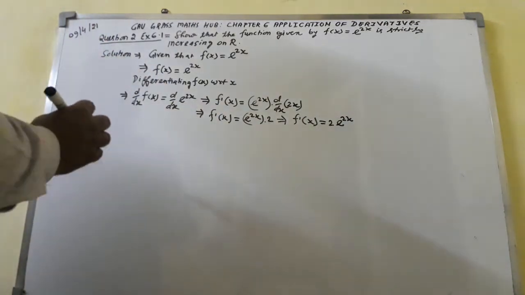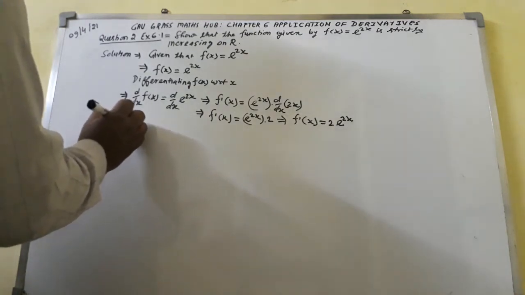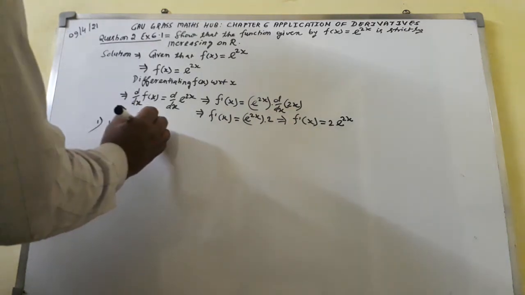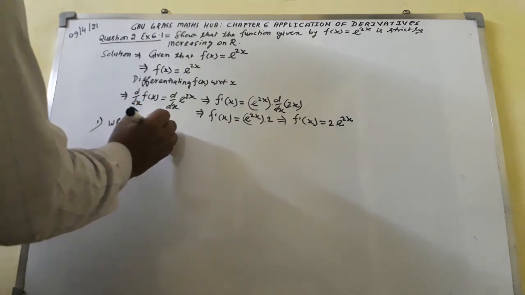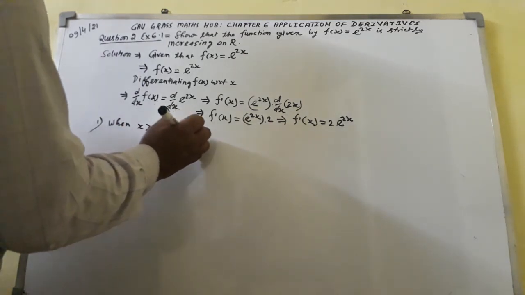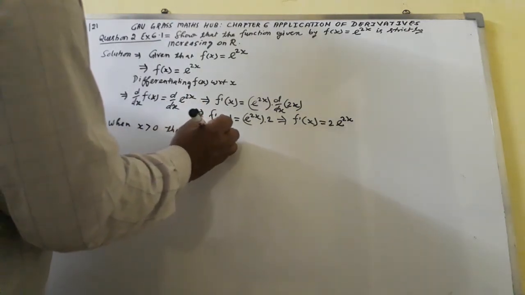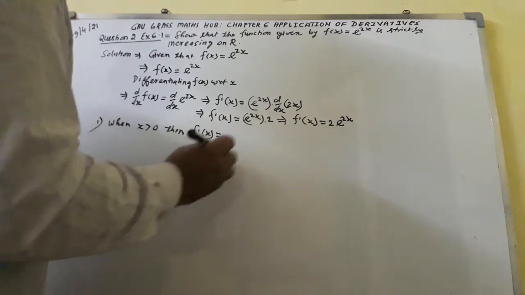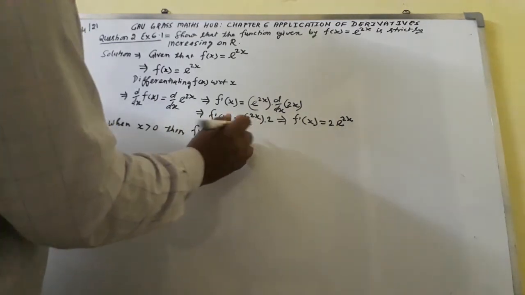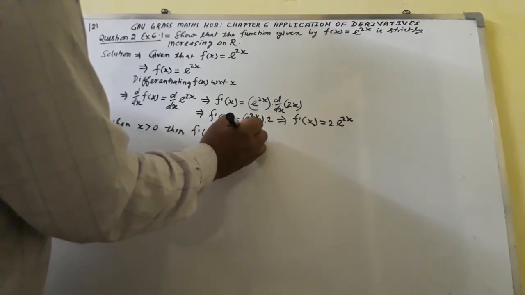Now here I shall write condition number 1. When x is greater than 0, then f dash of x equal to 2 dot e raised to the power 2x.